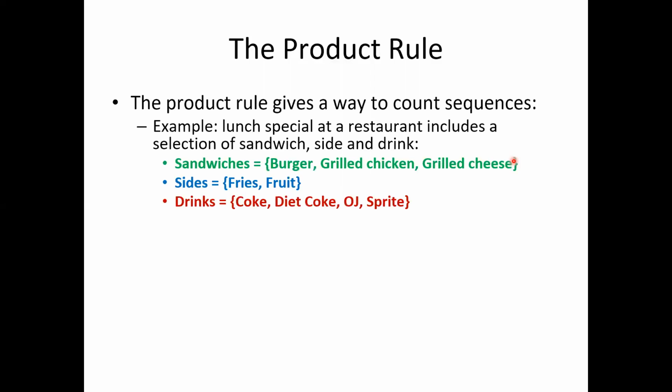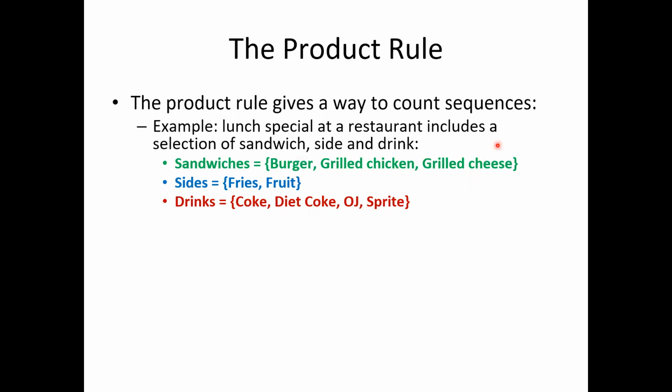Okay, so let's say that you want to count sequences of length 3 whose first element is a sandwich, so it's in the set, the second element is a side dish, and the third element is a drink, so it's in the set.